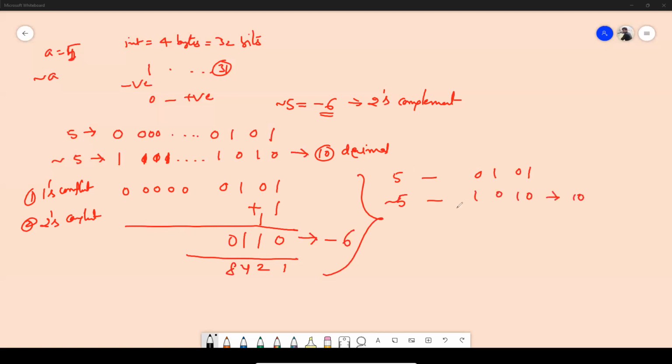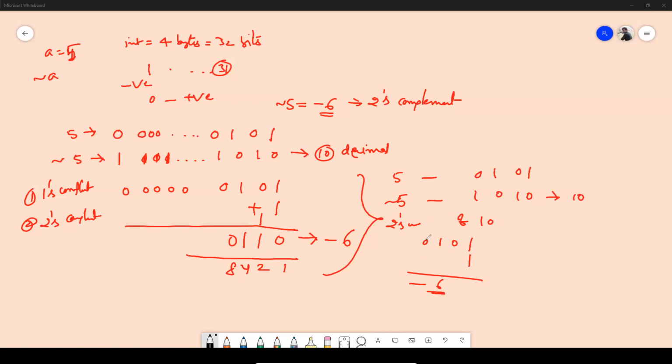It is 10. Now if you want to make it 2's complement, what is the 2's complement of 10? Again it will become 0 1 0 1, and you add 1, right? So with tilde, the positive number will become a negative number, it is minus 6.